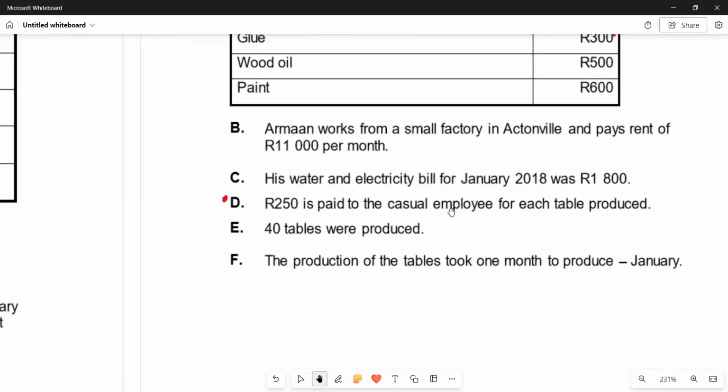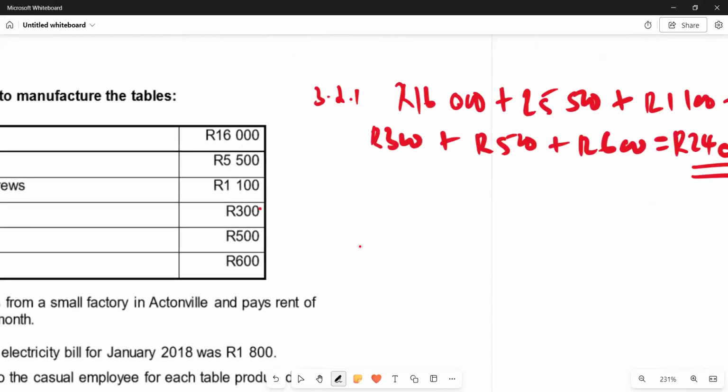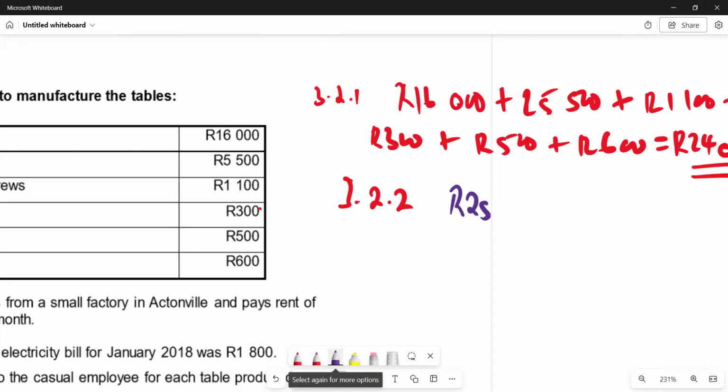This is 3.2.2. In the calculation, we say 250 multiplied by 40 tables, and we get 10,000. This is what we have in terms of our direct labor costs.